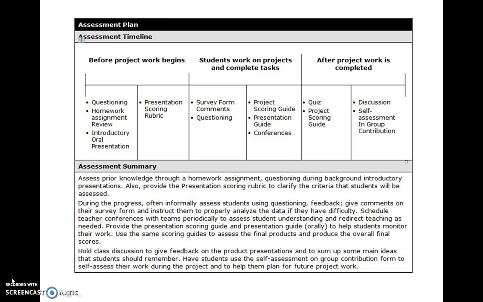Also, this step includes announcing the presentation scoring rubric and other scoring guides to the students. The last step, after the project has been completed, the students will have to self-assess, and there will be a class discussion so as to wrap up the whole unit.